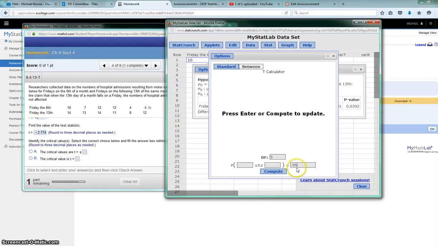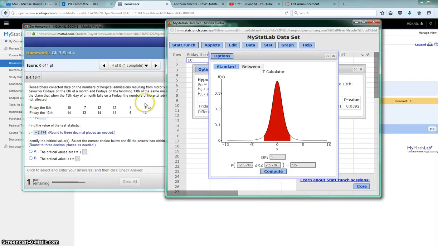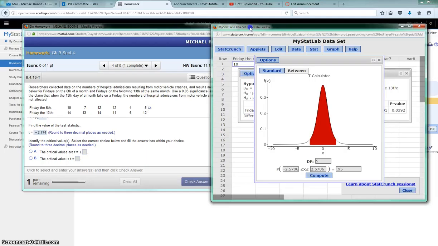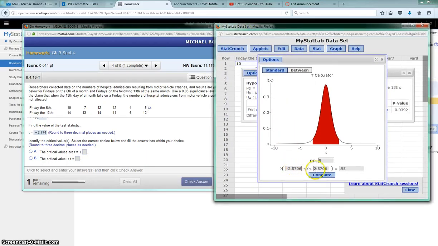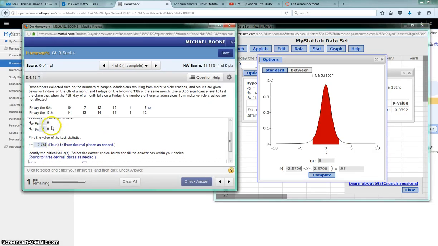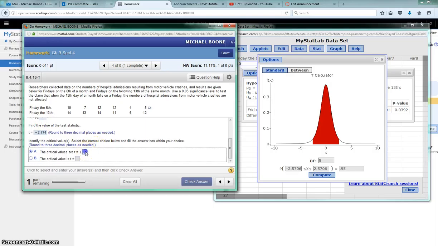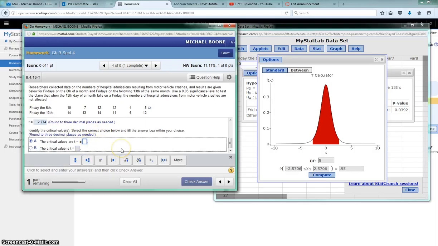And I went 95% in between. So these should give me my critical values. So if my test statistic is beyond negative 2.5706 or above 2.5706, that puts me in a rejection region. Since I'm dealing with a not equal to problem, that's why I'm two-tailed. It'd be plus or minus 2.571.